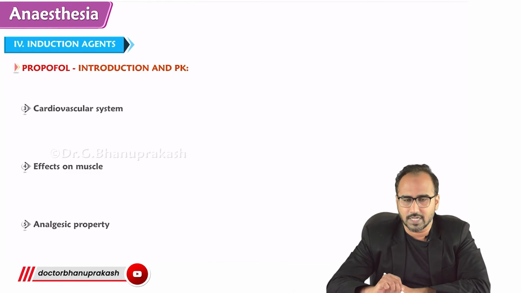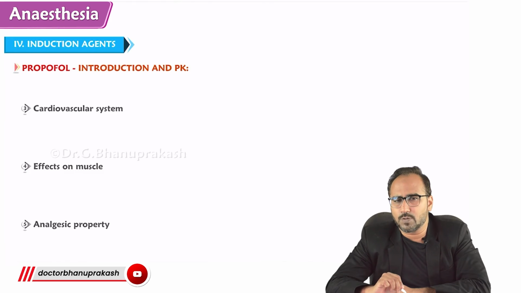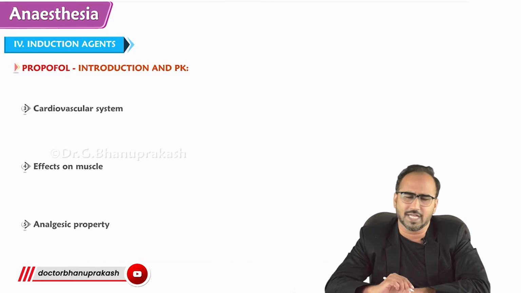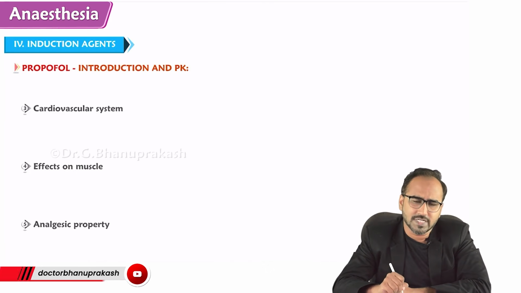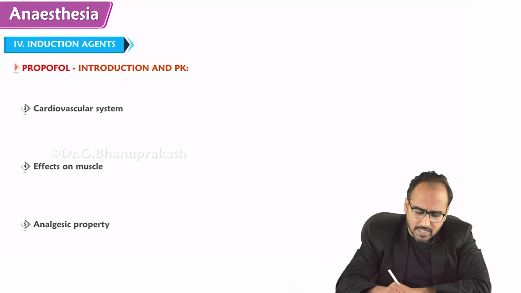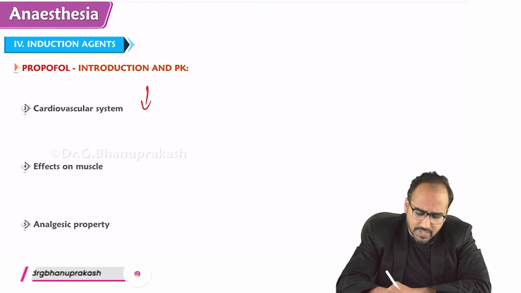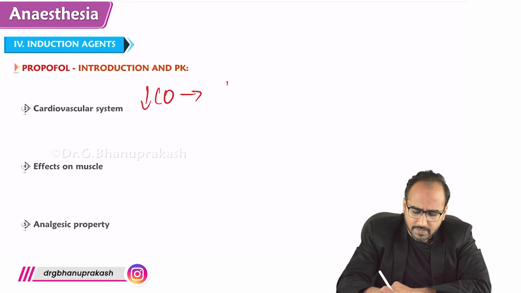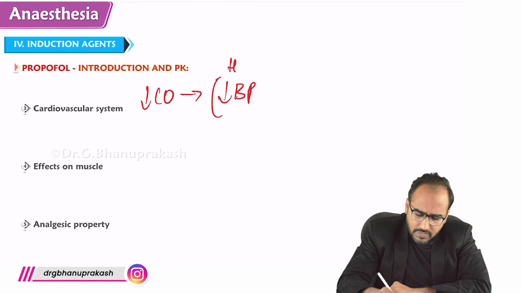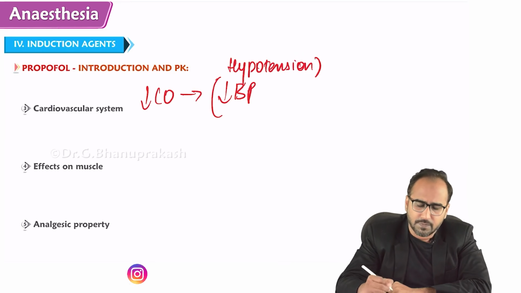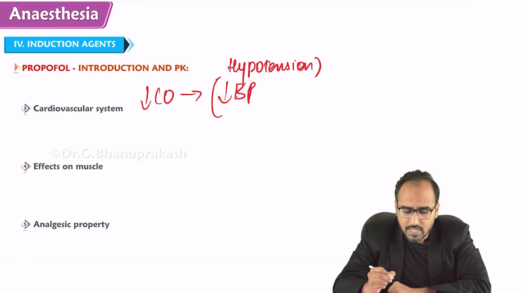Next is cardiovascular. Propofol and thiopentone have a similar effect. Thiopentone, what was it doing to the cardiovascular system? Thiopentone and propofol both reduce the cardiac output, thereby causing hypotension. But the differentiating feature between propofol and thiopentone is what?